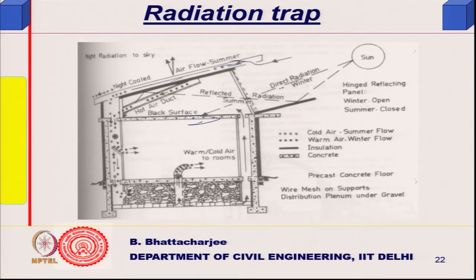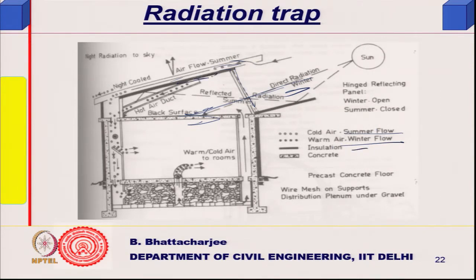This is the blackened surface which can receive radiation during winter. So during winter this is open, and it gets radiation. In summer you close this down. So cold air flows in summer, warm air flows in winter.